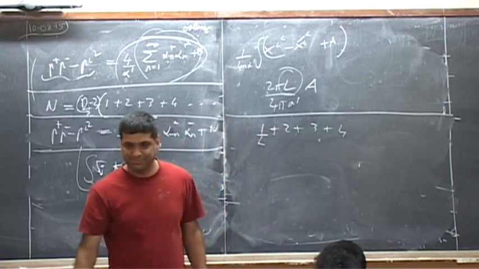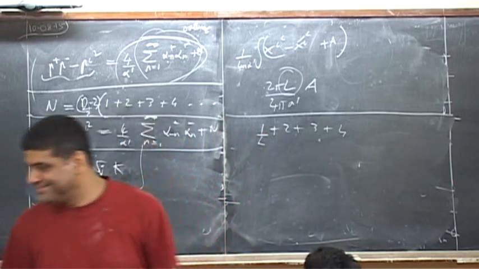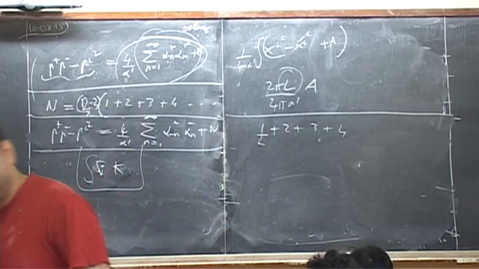Omega is k, right? It's a massless scalar field.